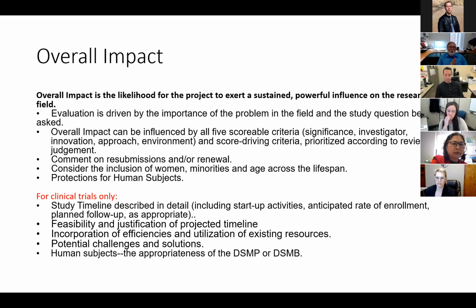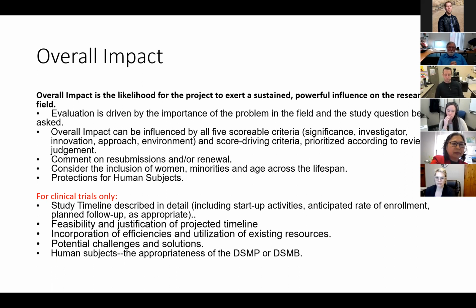Again, consider the inclusion of women, minorities, age across the lifespan, and protection of human subjects. For a clinical trial, for the overall impact, is the study timeline described in detail, including startup activities, anticipated rate of enrollment, feasibility and justification of the timelines?